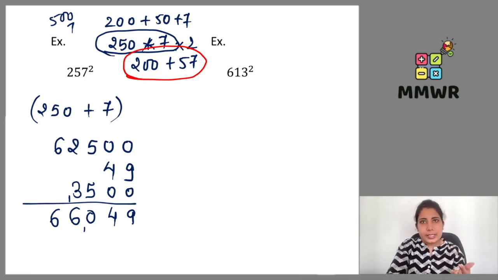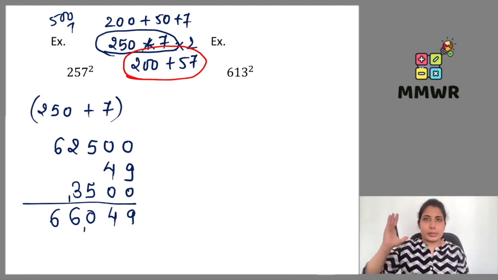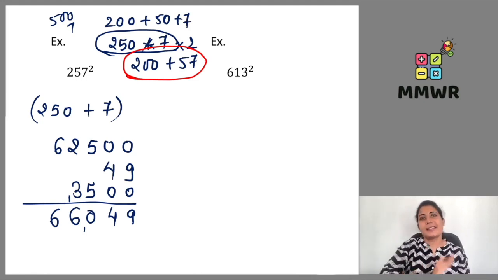We have to first write the square of 200, then we have to write the square of 57, and that's not easy to remember. Till 35, 40 it is easy to remember, but beyond that it is difficult. So we can't remember till infinity. So in that case, we can of course take the help of this method.